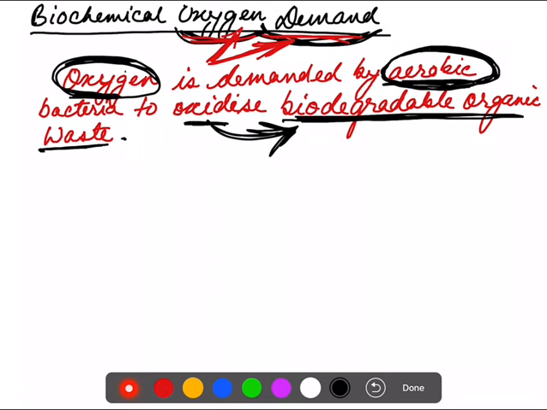Also, BOD, that is biochemical oxygen demand, was previously called biological oxygen demand.